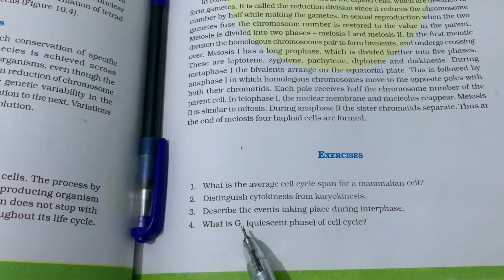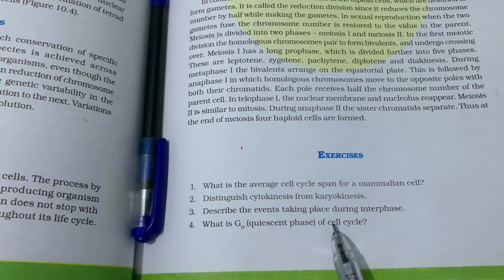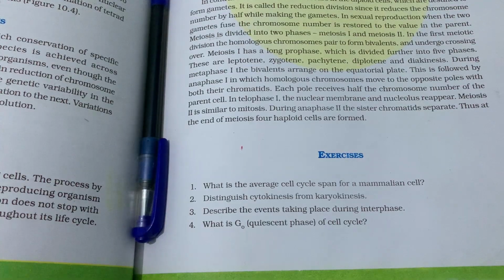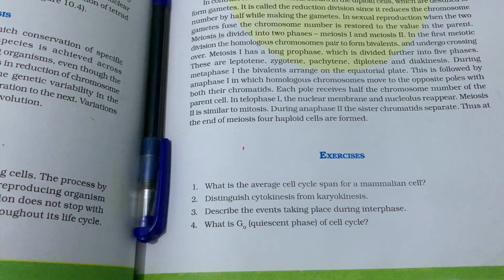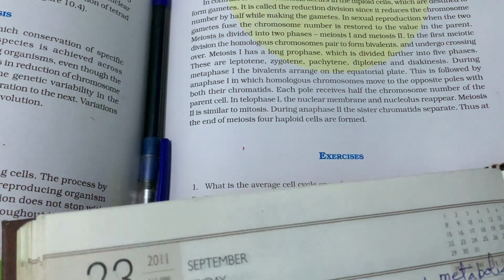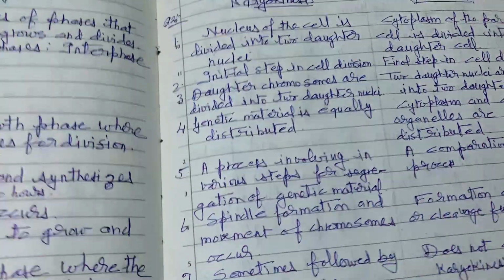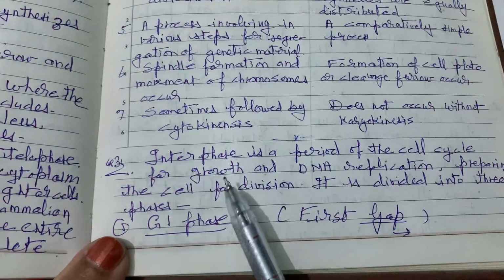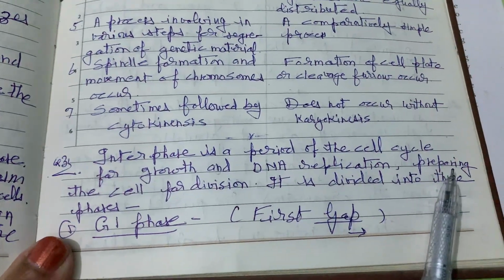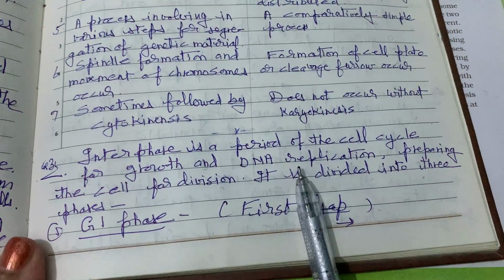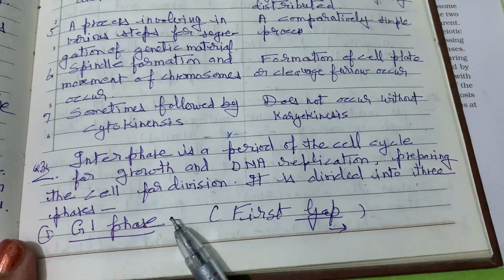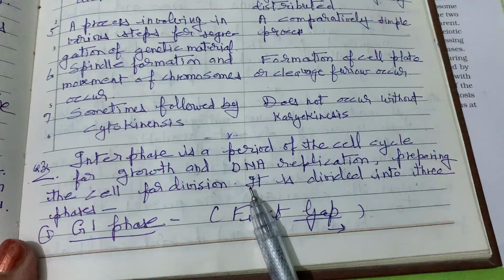Your third question, describe the events taking place during interphase. See, interphase is a period of the cell cycle for growth and DNA replication, preparing the cell for division.